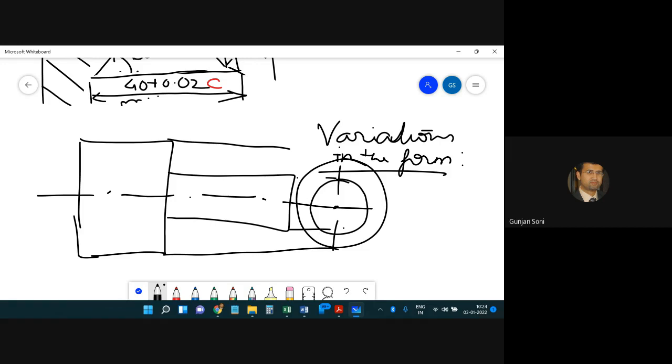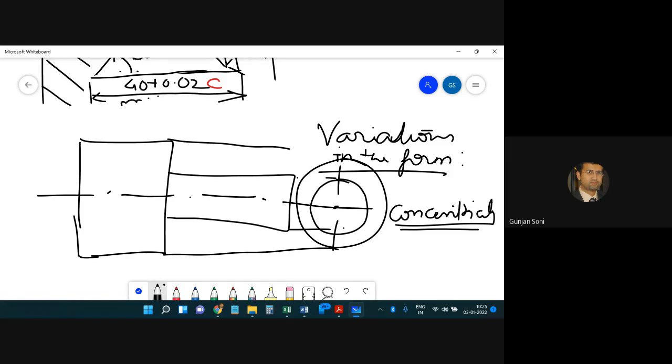Now, there are two things, that is concentricity. Can we get a perfect concentricity? Say yes and no. No, sir. No, it's not possible to get a perfect concentricity. Even I have not been able to make it over here.